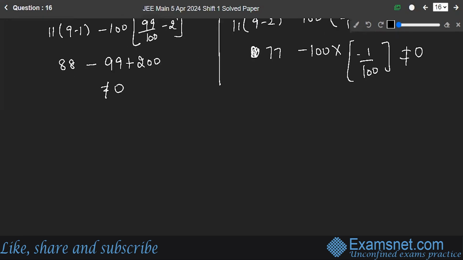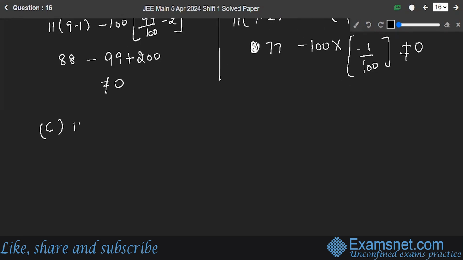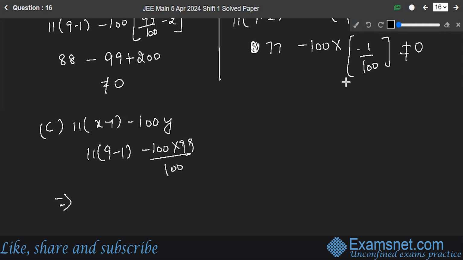So B is also not the option. C part: this is 11x minus 1 minus 100y. So 11 into 9 minus 1 minus 100 into 99 upon 100. This gives me 88 minus 99. This is not equal to 0.